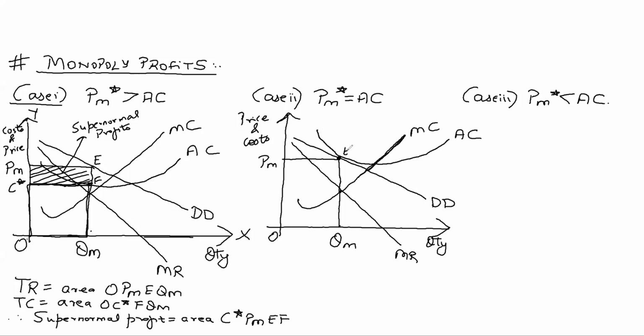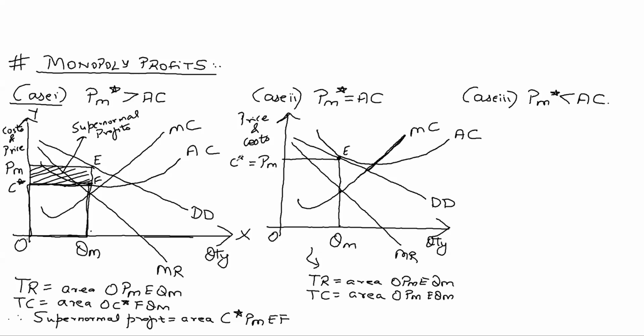And you can see that in this particular diagram, my total revenue is the area OPMEQM, and my total cost is also the same area OPMEQM, because in this case my price is equal to the average cost C star.